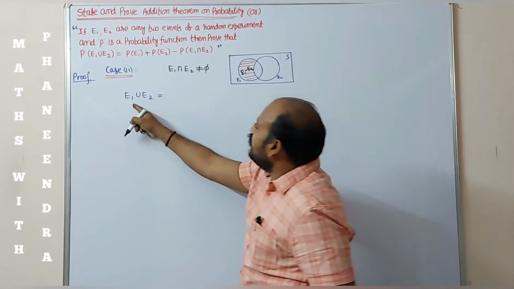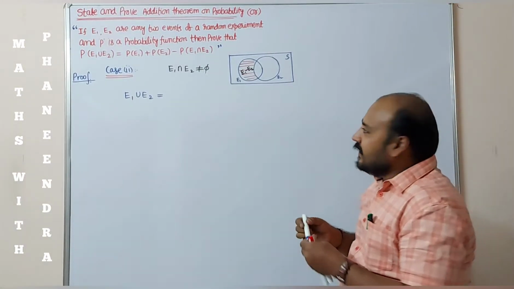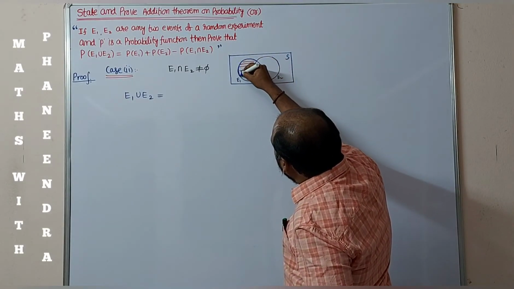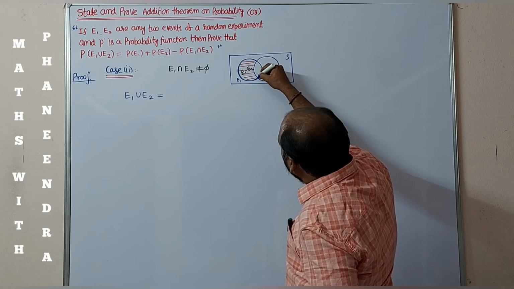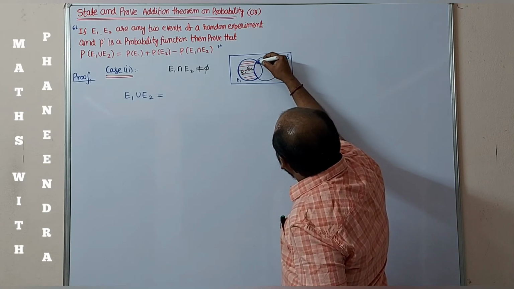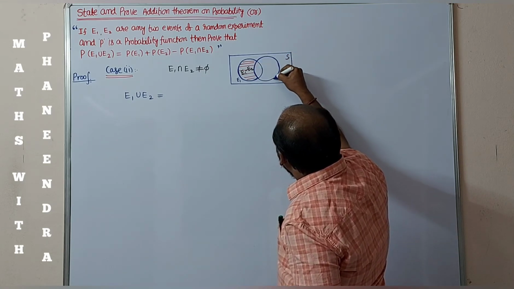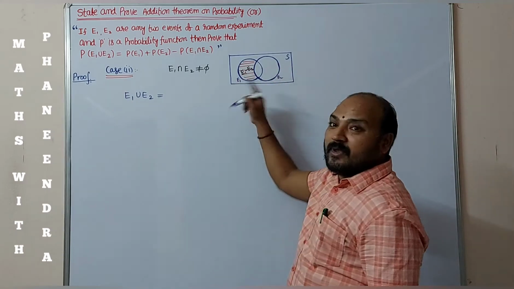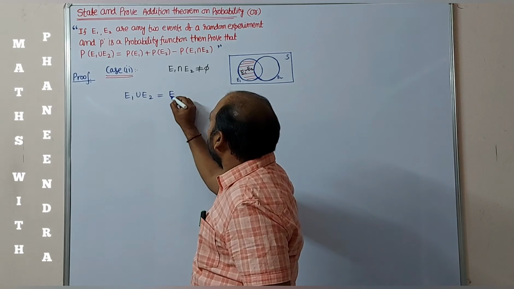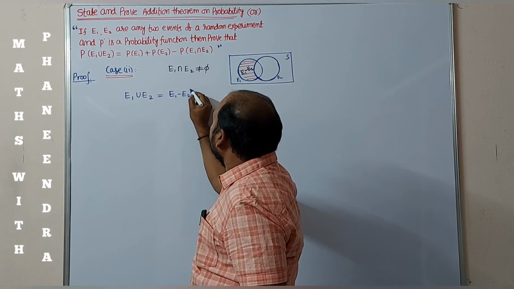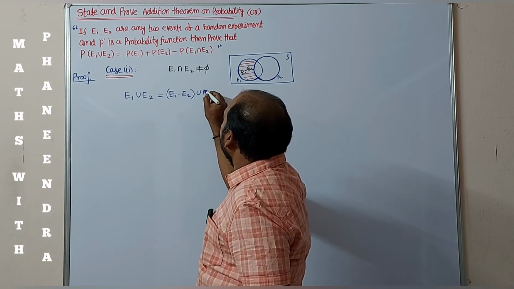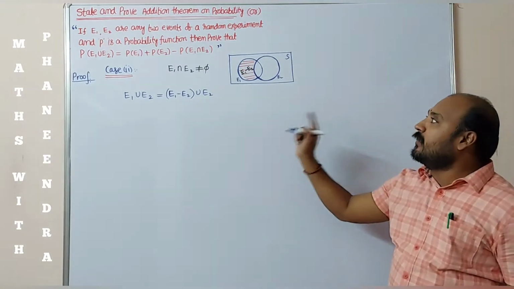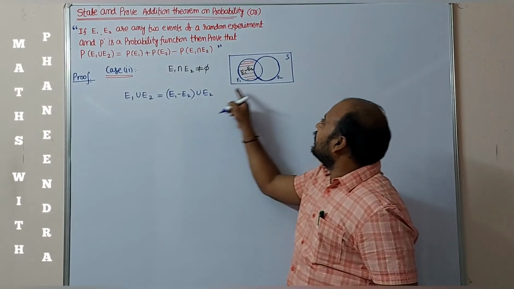So E1 union E2 can be written as this part, E1 minus E2, and this is E2 now. This is completely E2. So E1 union E2 can be written as E1 minus E2 union E2.